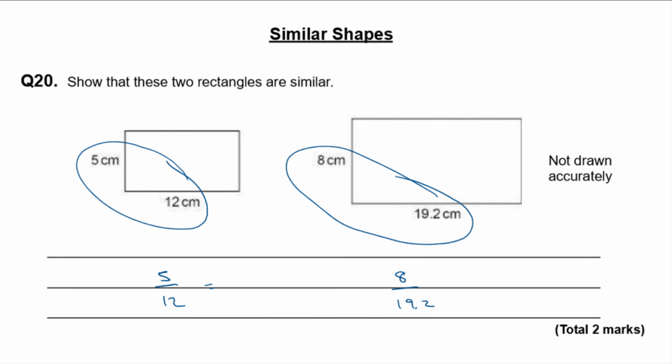Type that into my calculator. That's also 5/12. Okay, so I'm just going to say that both shapes have sides in the same ratio of 5 over 12. Okay, I think that would do.